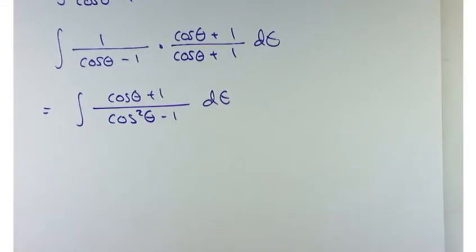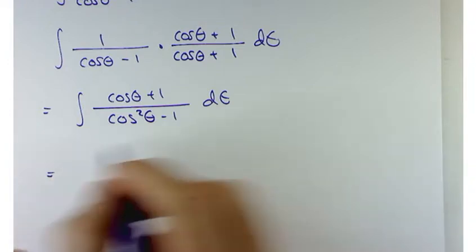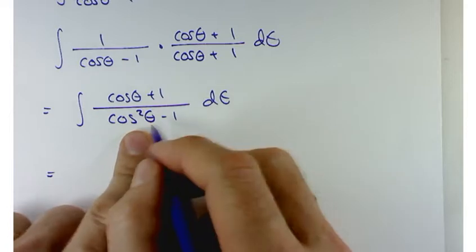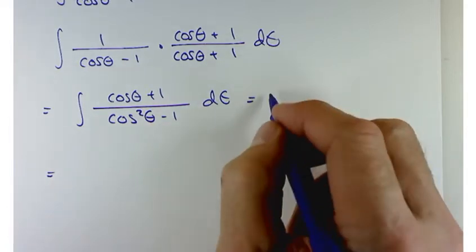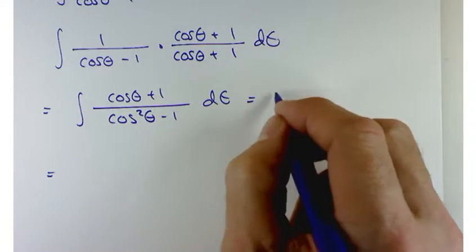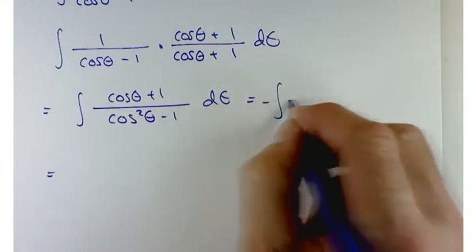All right, does that help me out at all? Yeah, actually, it kind of does. Let's see what we can do from here. In the denominator, I'm going to factor out a negative, and I'll just put that right out in front.